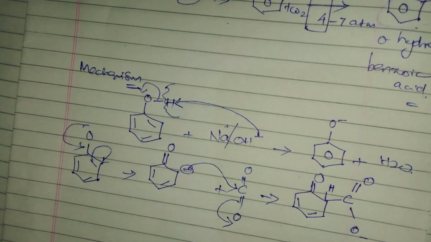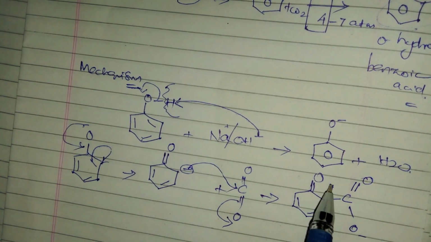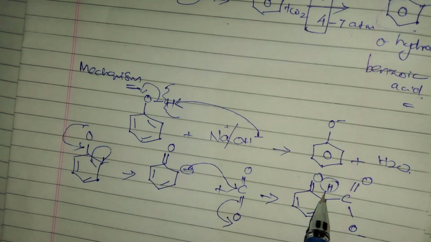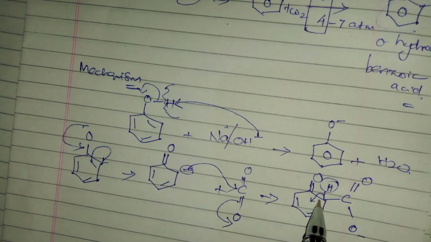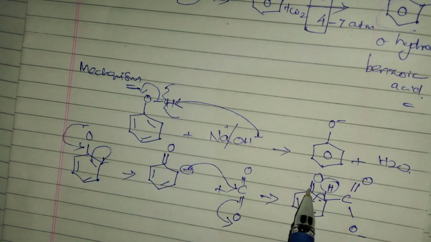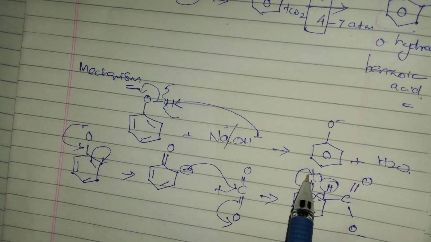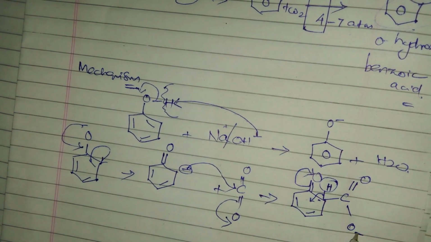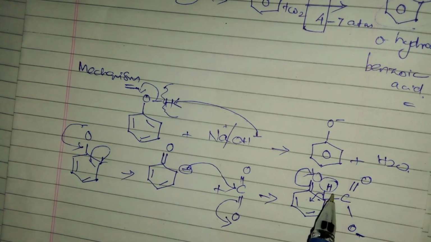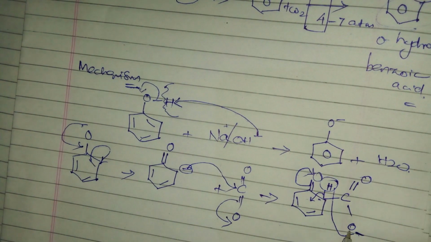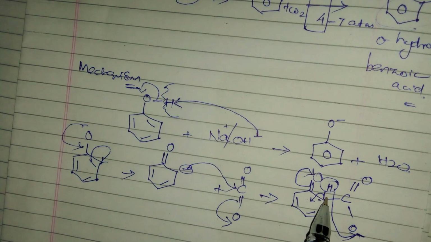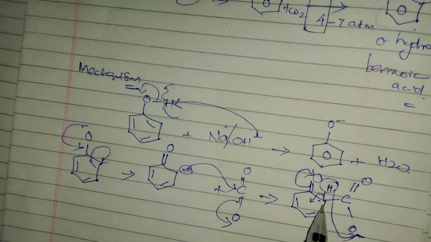Now what happens here? This oxygen gives its pair of electrons and abstracts this proton, this hydrogen, and the electrons in the bond between hydrogen and benzene shift towards the inside of the ring.